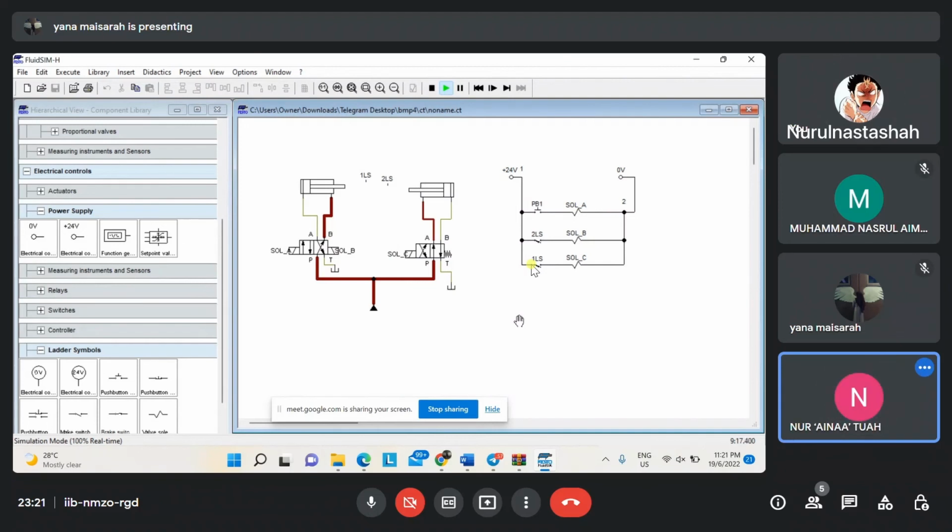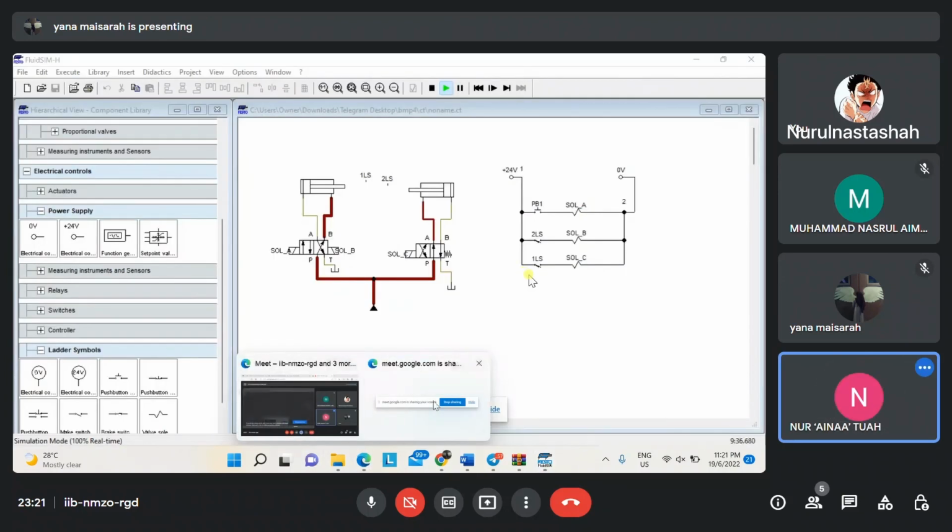Do you agree with me, right? So we must make sure all the components are in good condition and the circuit is connected correctly.